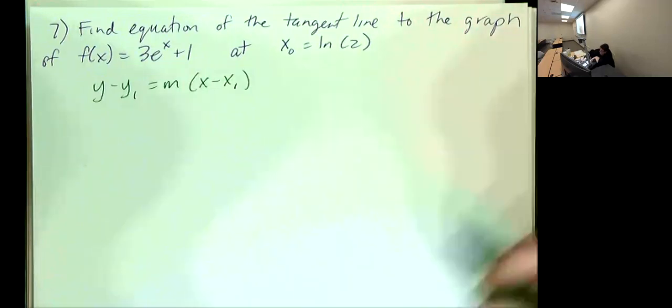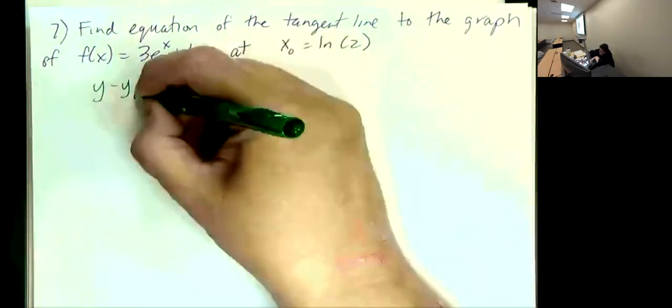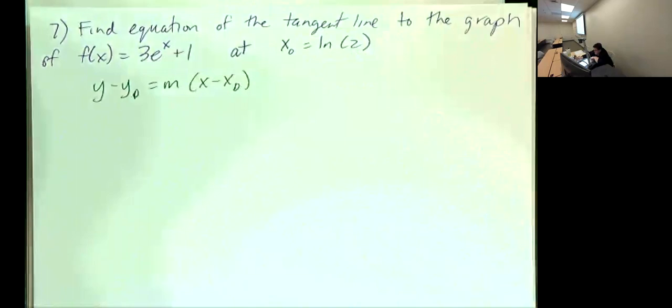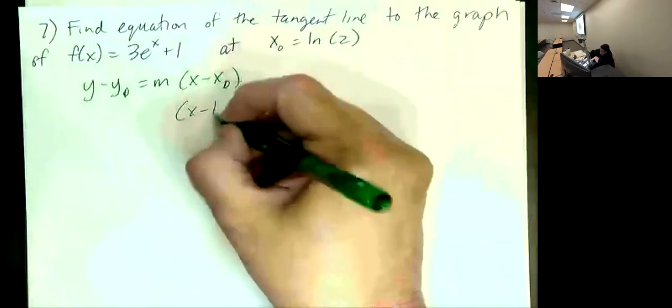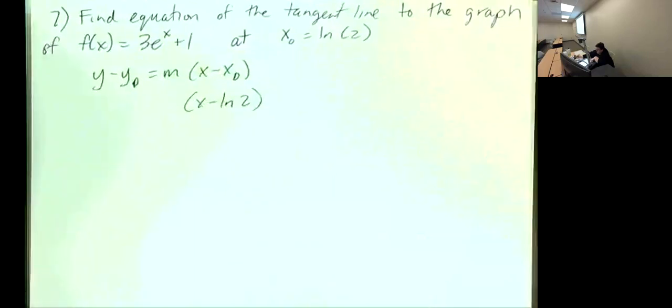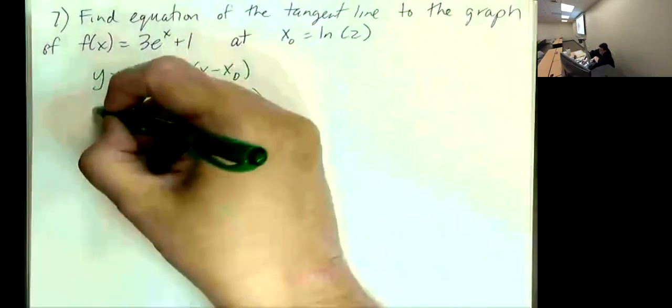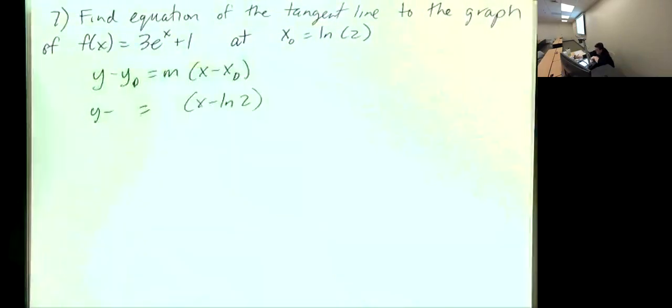Well, maybe I'll say x0 because I got x0 already listed. We'll say x0 and y0. So I already got part of it. I need y naught and I need m.